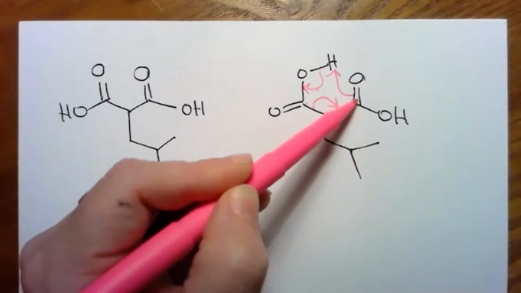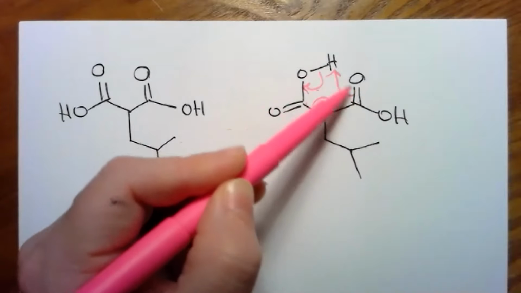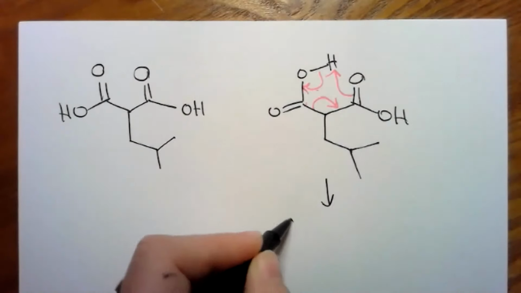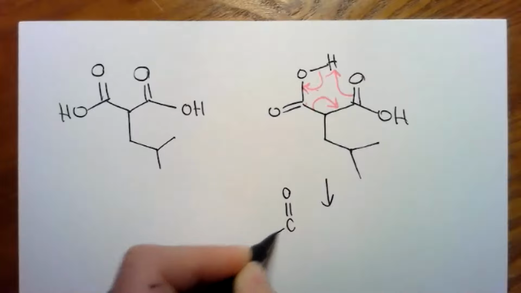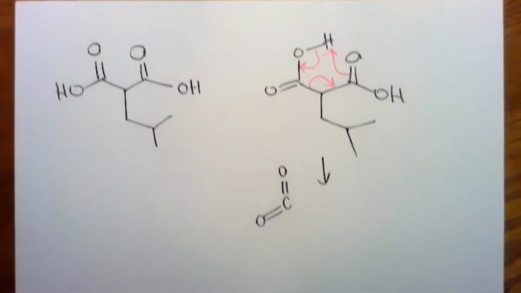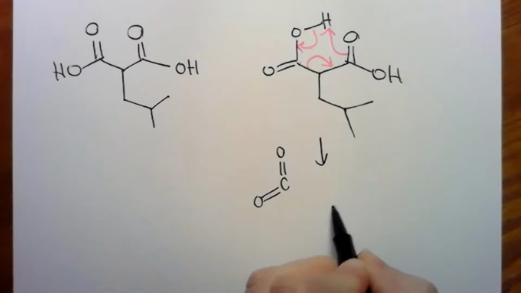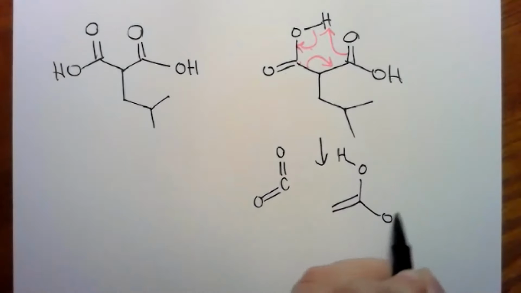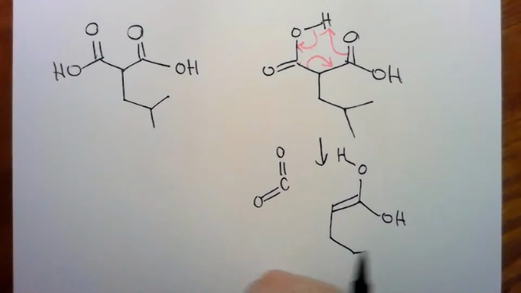That would explode that carbon, so we're going to fold out electrons to attack that H simultaneously. We end up with a C double O, CO2, and an alkene and an OH, and our little fish tail down here stays in place.